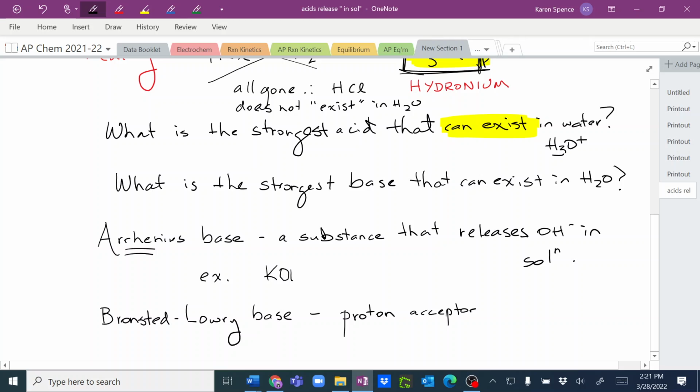KOH, NaOH. Those do not meet the definition of a Bronsted-Lowry base. They are not accepting protons. That NaOH crystal or that KOH crystal is simply dissociating, okay?